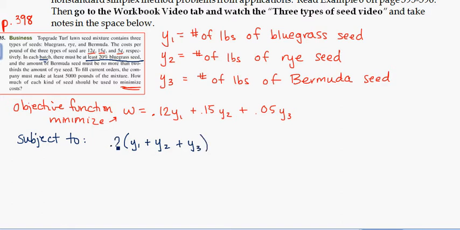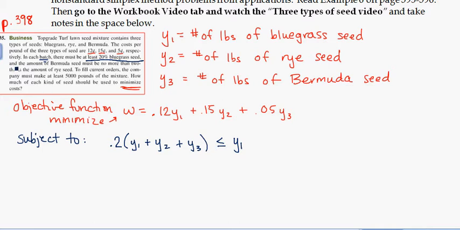If I take 20% of that, there has to be at least that much of just the bluegrass. So y1, the number of pounds of bluegrass, has to be greater than or equal to 20% of the whole batch. Make sure you understand this constraint, because this one potentially could have tripped you up a little bit.